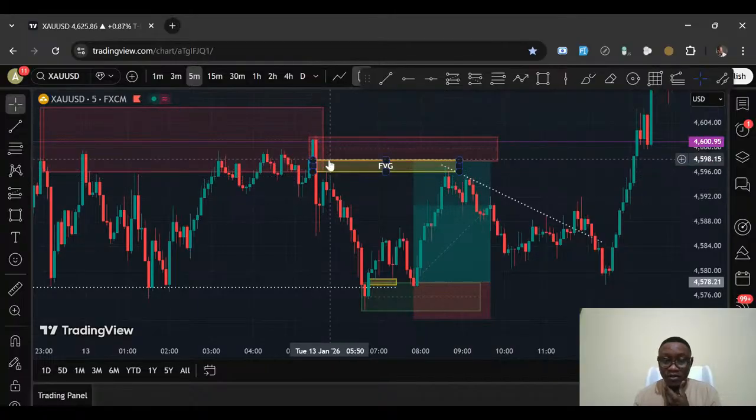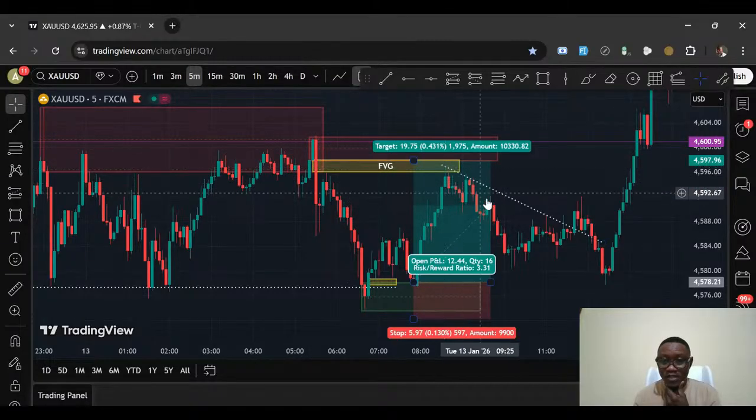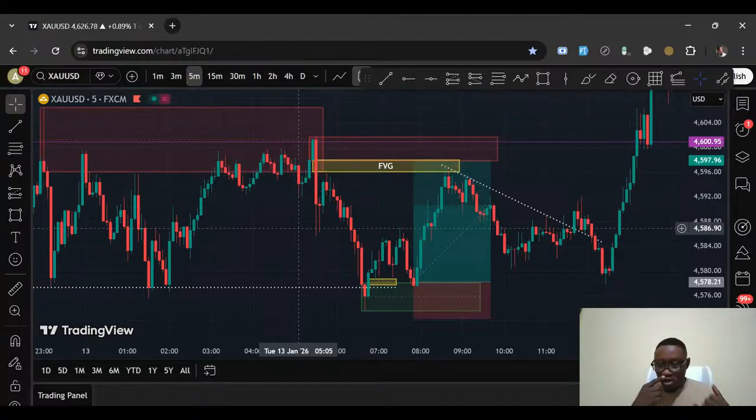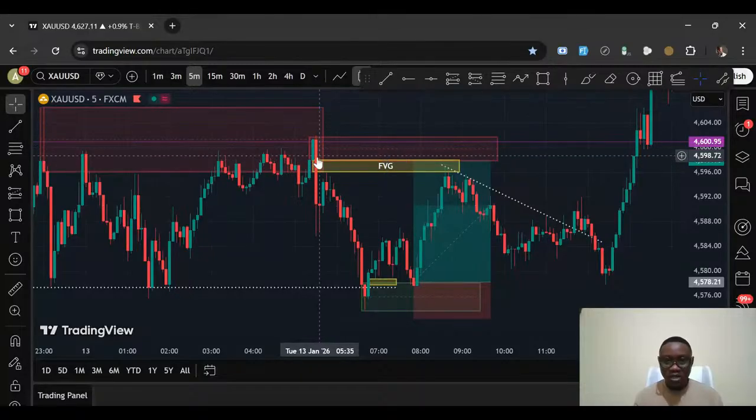Because I was very, very sure that this supply zone is going to cause a massive retracement, considering that if you look at the order block candle, this huge momentum candle, you can see how big and massive the candle is. It tells you the amount of orders that was executed by the institution, by smart money at this zone.